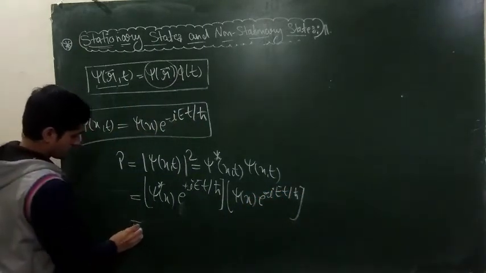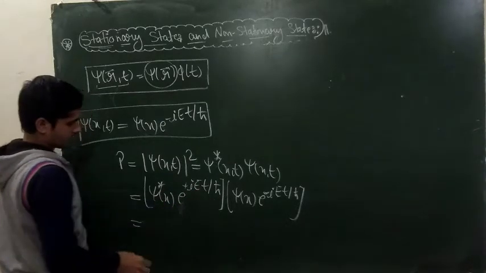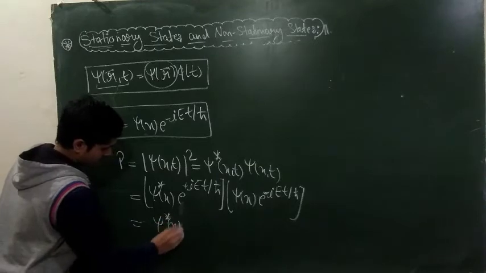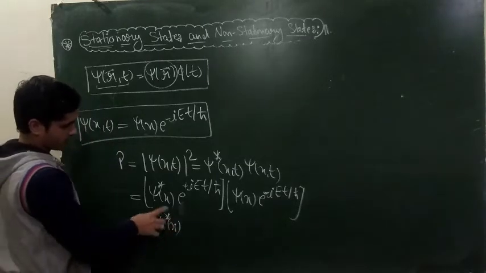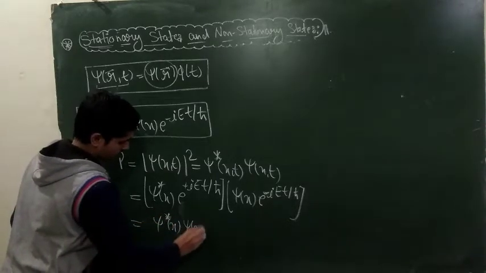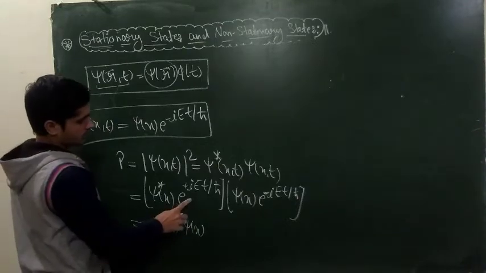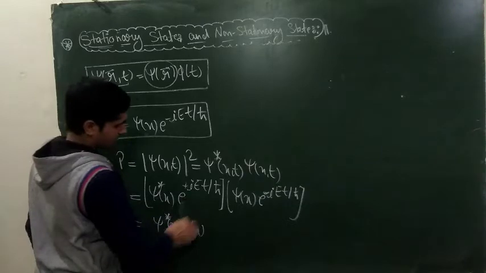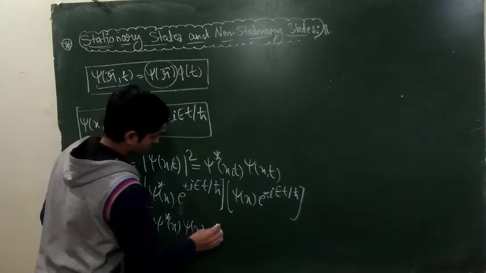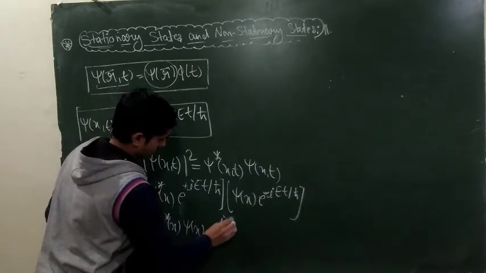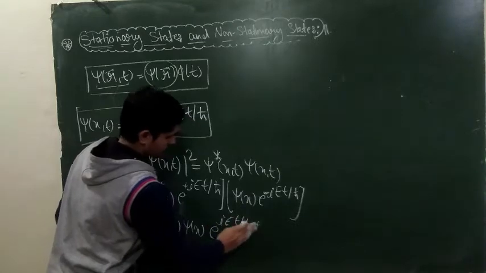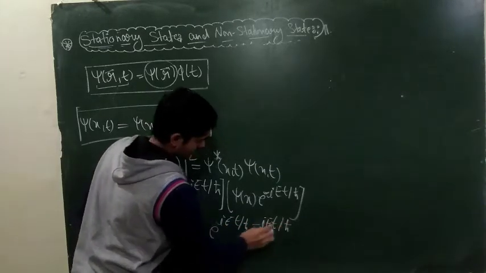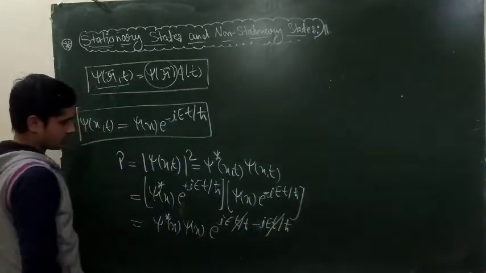And as you know, these are just ordinary complex functions, so it can be written as the complex conjugate of psi of x into psi of x. And when you multiply these two exponential functions, they will add. So it will be iota Et over h cross plus, sorry, minus iota Et over h cross. So it will be 0.